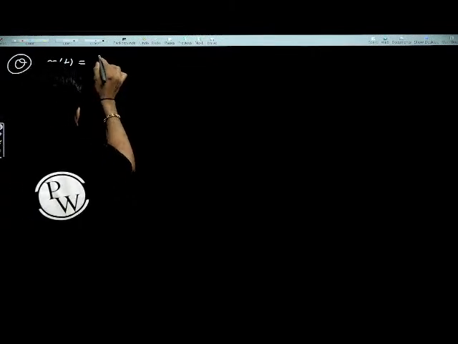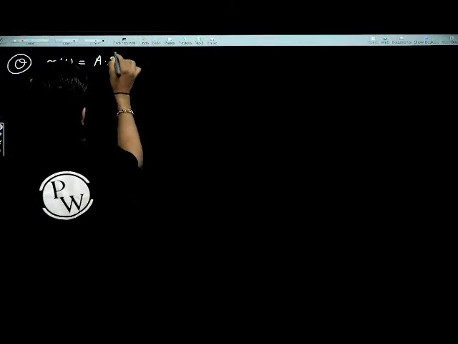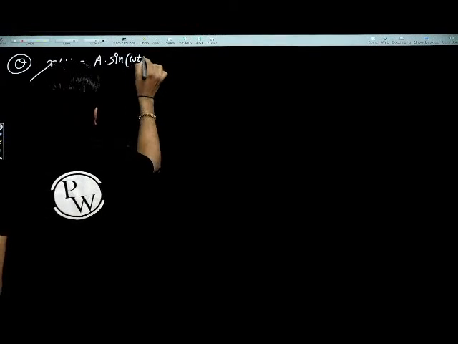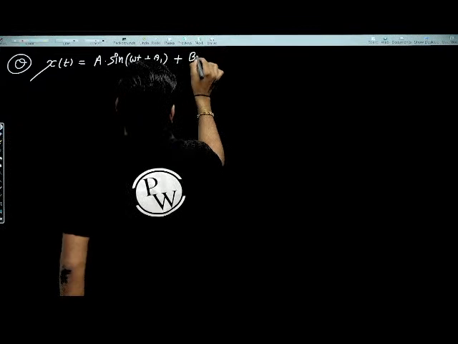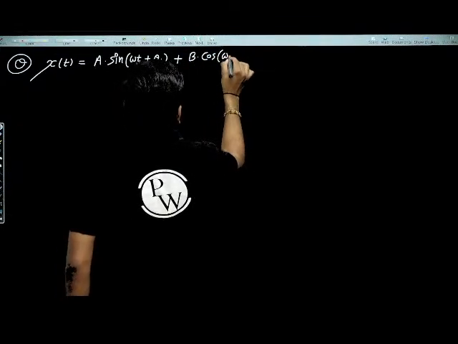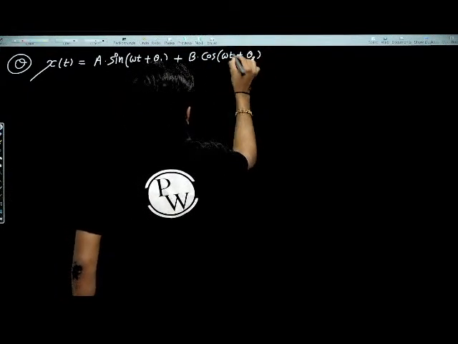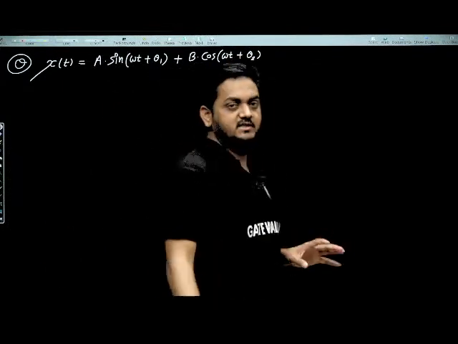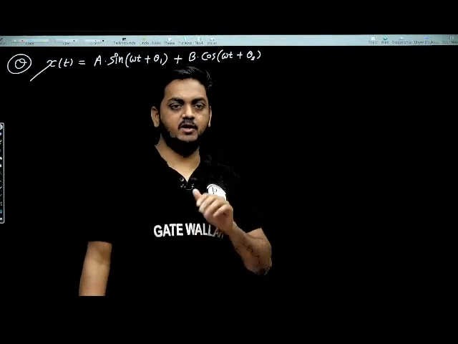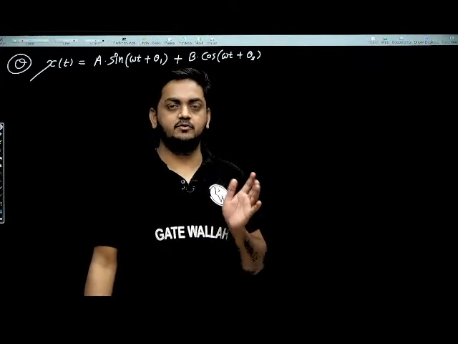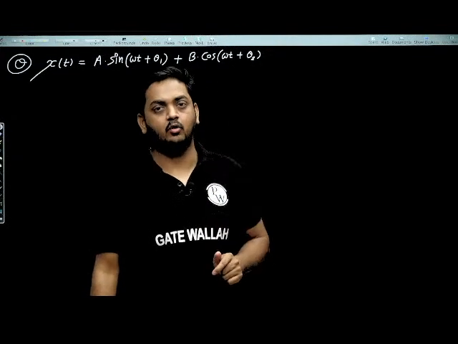Remember this: if x of t is equal to A sin(omega t plus theta 1) plus B cos(omega t plus theta 2), as you can see here, the frequencies of both signals are the same but the phase angles are different. Then you cannot simply add the individual signal powers to calculate the total power.